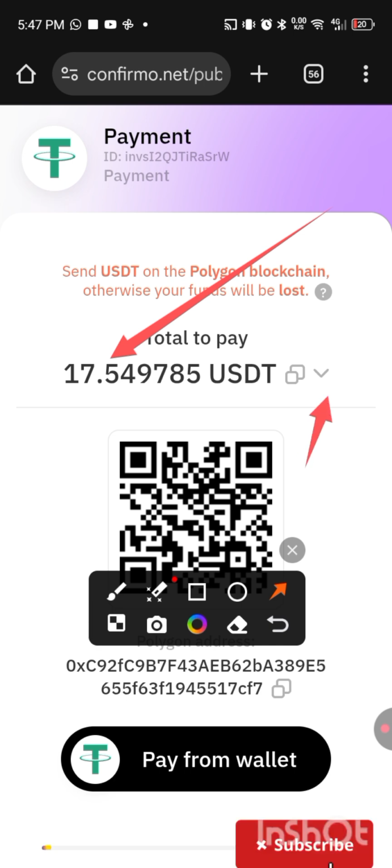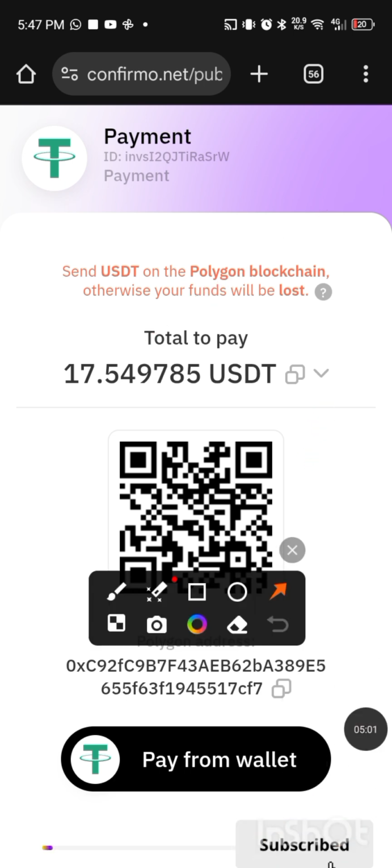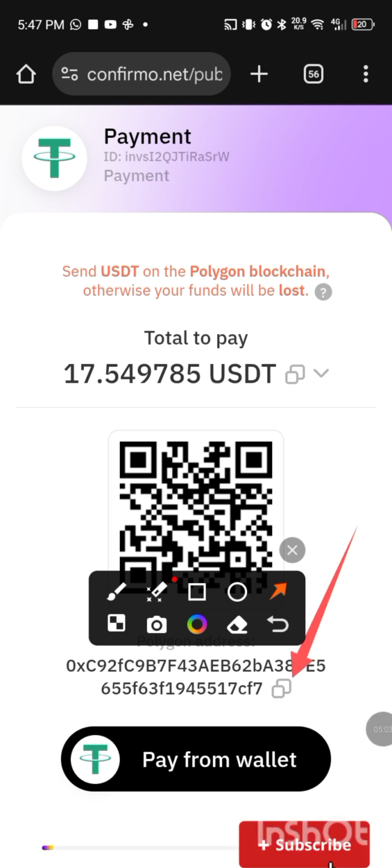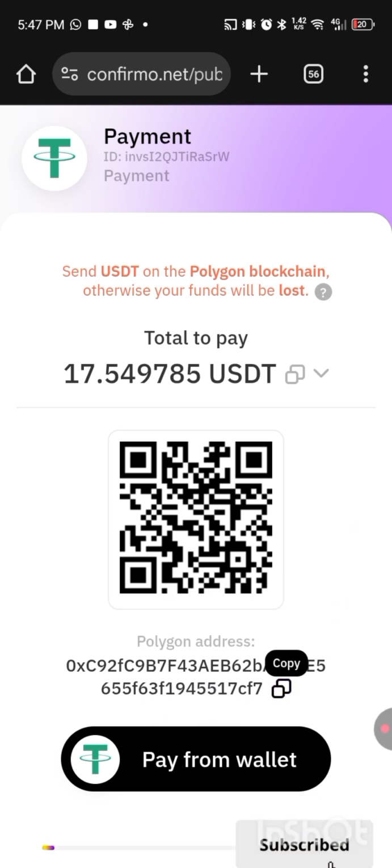And this is the wallet address I want to pay to. I'll click on copy. Let me go and pay this amount and come back for the successful payment. After I've paid this money, what next? Kindly watch out for my next video.